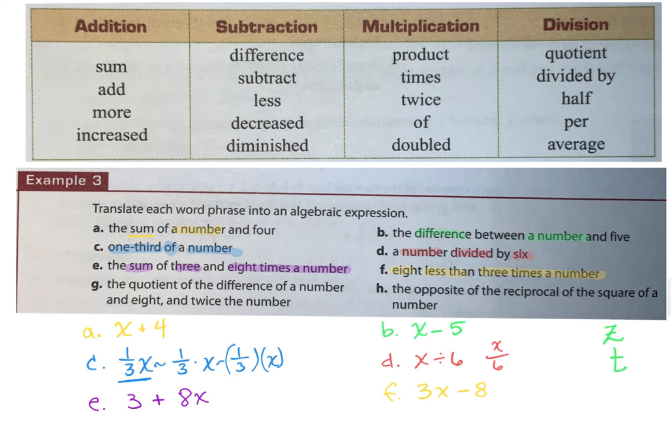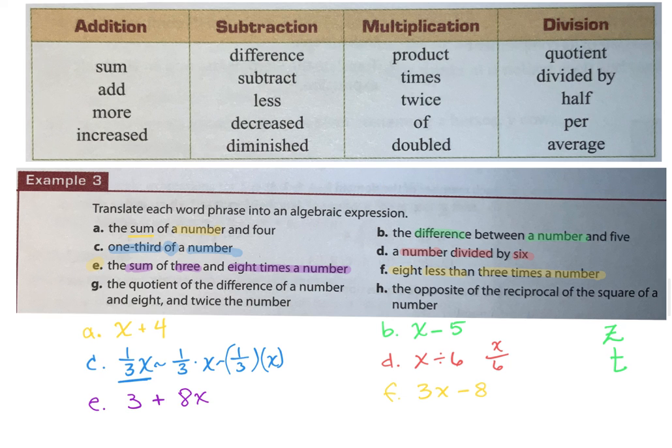The quotient of the difference of a number and 8, and then they actually put a comma here. So this tells you that this is where they want the quotient line. So they were very specific here. And twice the number. So the quotient of the difference of a number and 8 and twice the number. So they have been a little more specific than they even were in this E that we just had the question about. So in this E, they just kind of ran it all together. The sum of 3 and 8 times the number.